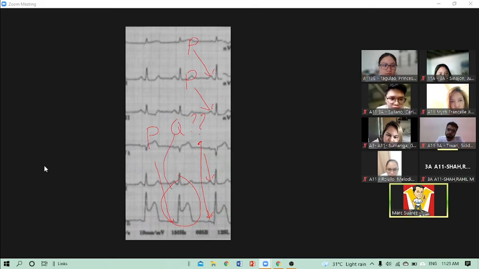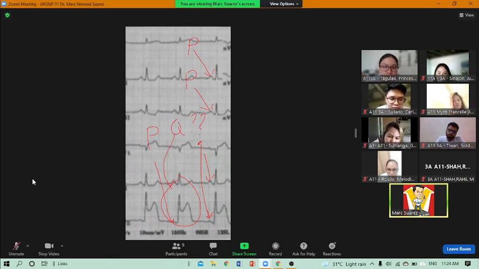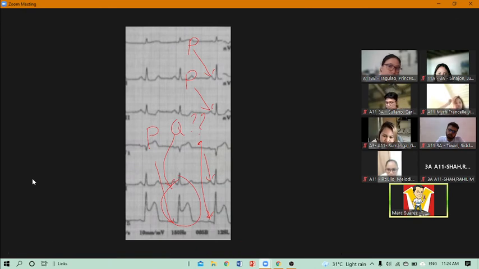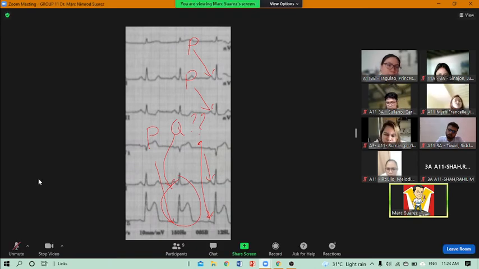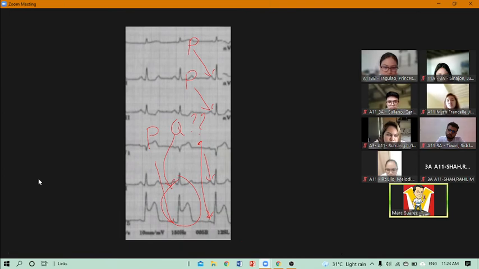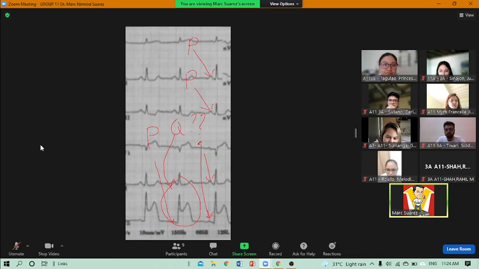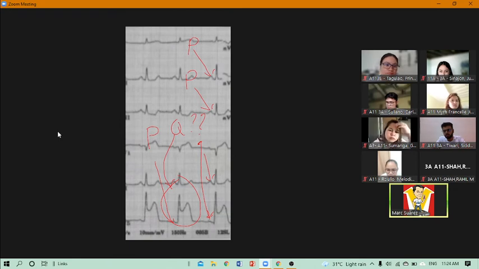Are there Q waves on this QRS complex? Yes or no? So none, okay? We cannot appreciate Q waves in this QRS complex.